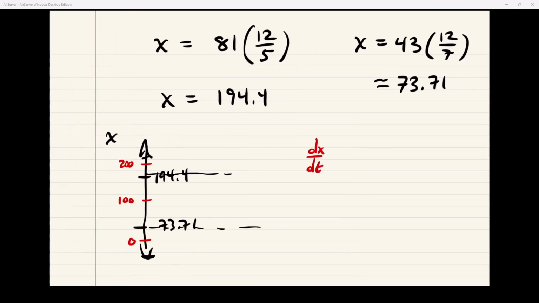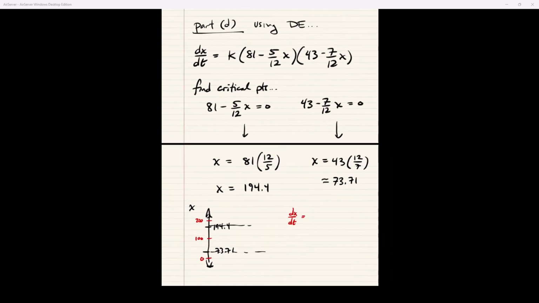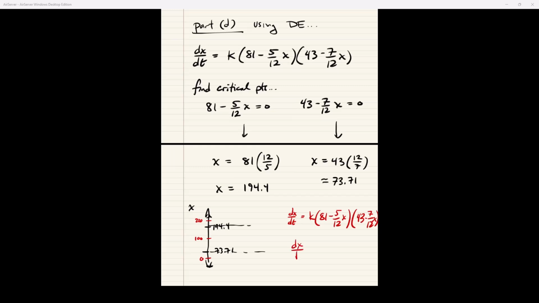So the differential equation was k times 81 minus 5 over 12 x and 43 minus 7 over 12 x. So if you took something like 0 and plugged it in, dx dt, actually I'm going to assume that the k is positive because I have this growth in chemical C assumed in the context here, and I'm assuming both of these values are positive.